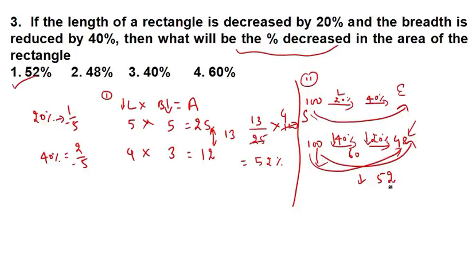Now by what percent did it get reduced? The actual value is 100. If you want to take any percentage, then you have to multiply by 100. So this 100 will get cancelled. Then it will become 52%. It got reduced by 52%.